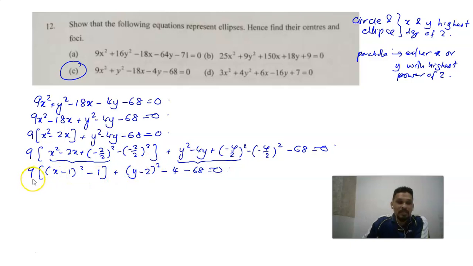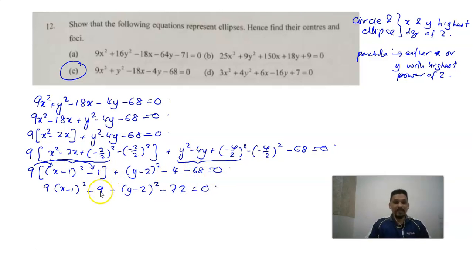So then multiply this 9 with x minus 1 squared and 9 multiplied with negative 1. So 9 times x minus 1 squared minus 9 plus y minus 2 squared, 68 minus 4, negative 72 equal to 0. Okay, so 9 times x minus 1 squared plus y minus 2 squared.